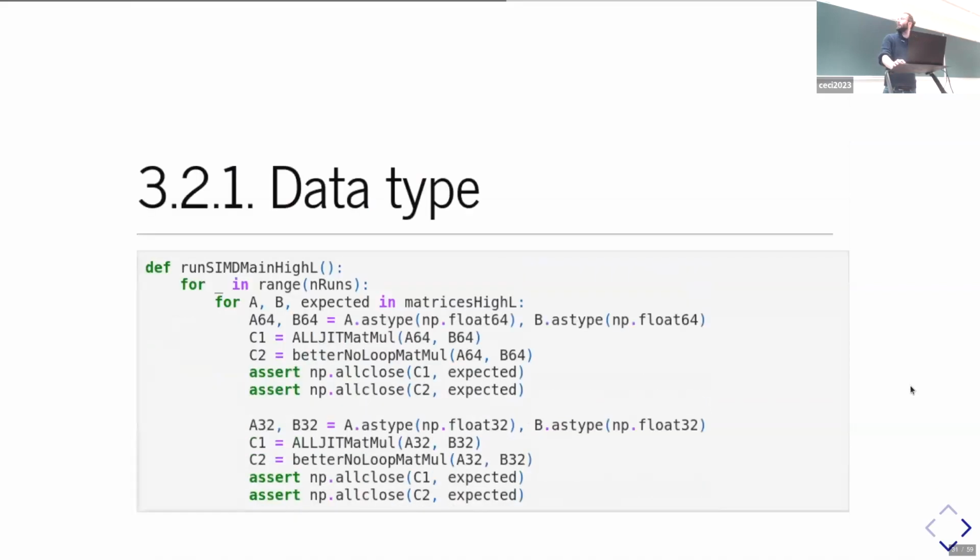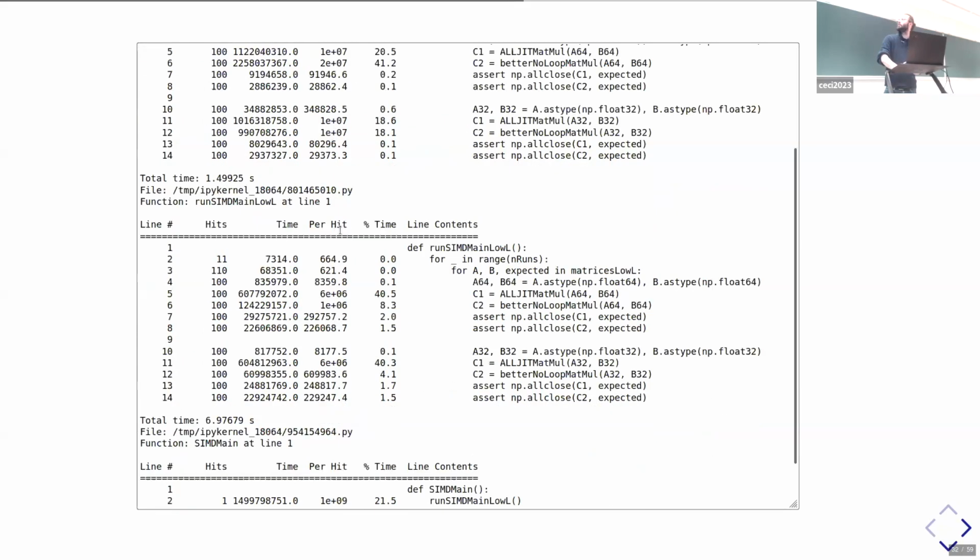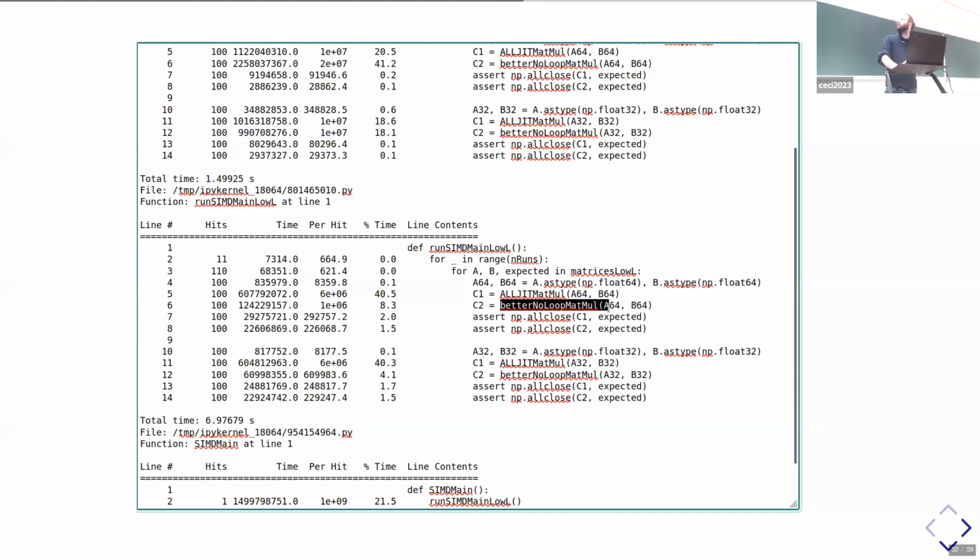Okay, I do it for the two main functions, and I check this. For the low values of L, it's slightly faster, but not that much. We see that on the better math mode, that was the full numpy implementation.